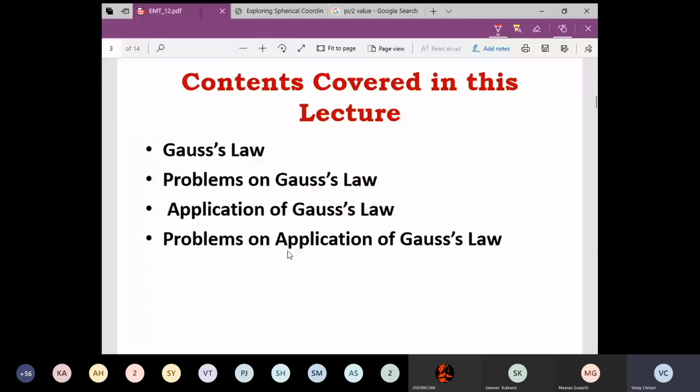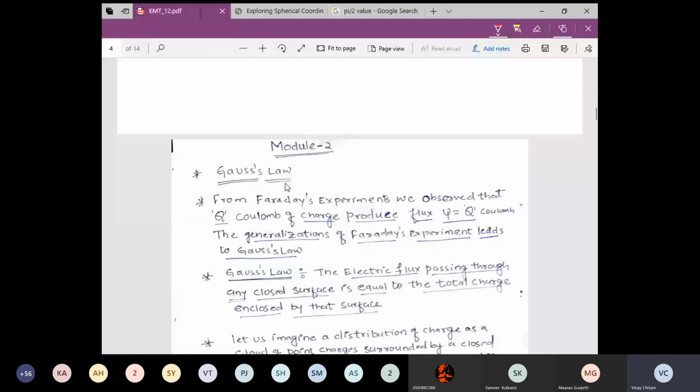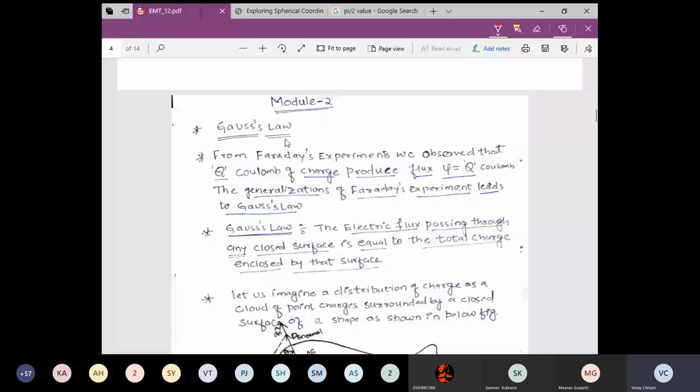So let us begin with module 2, that is Gauss's law and its application to a symmetrical charge distribution. First let us see what is Gauss's law. We know that from Faraday's experiment, we observed that Q coulomb of charge produces a flux psi equal to Q coulombs.